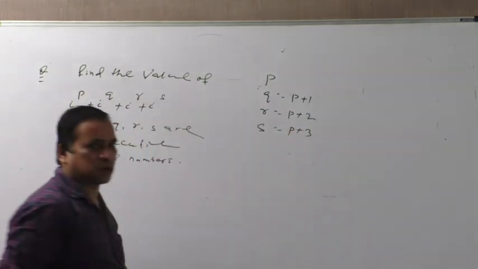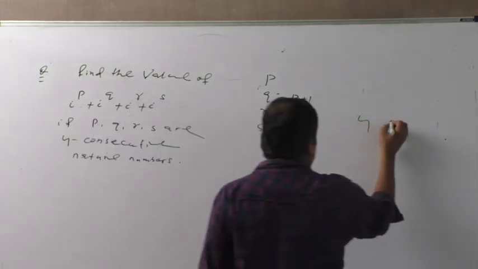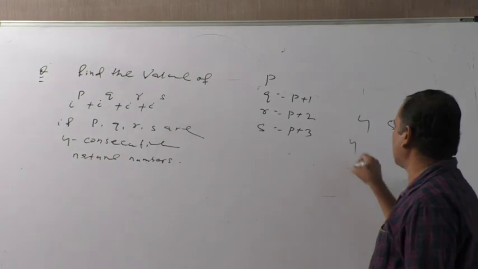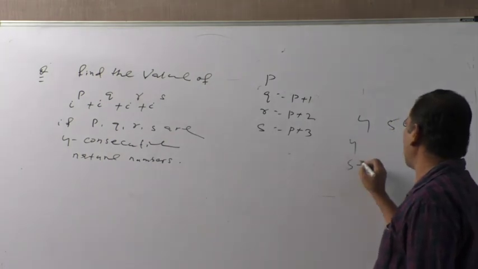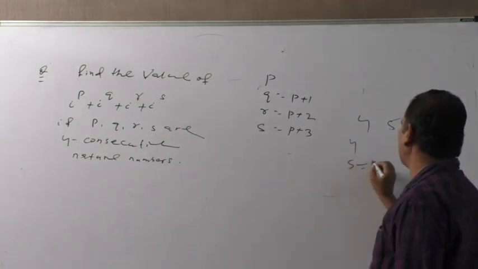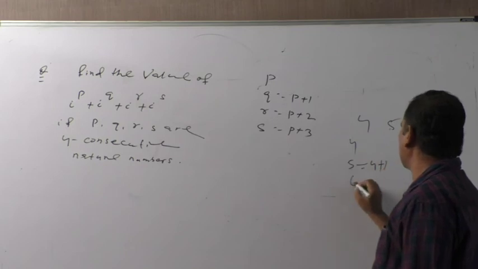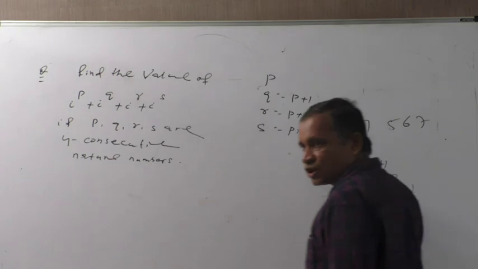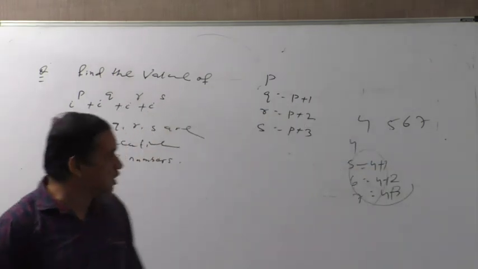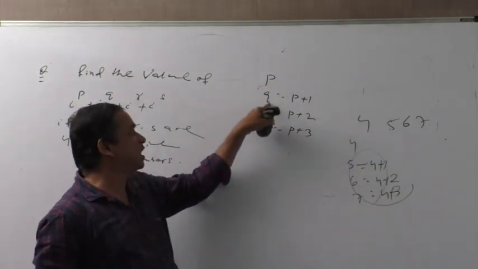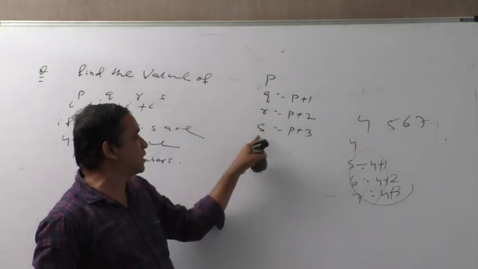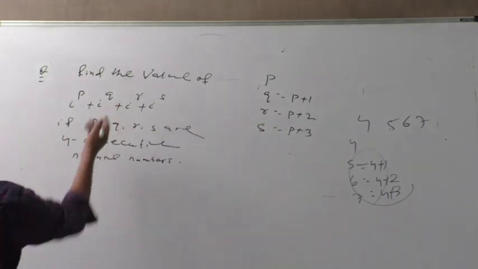Suppose I write 4, 5, 6, 7: 5 is 4 plus 1, 6 is 4 plus 2, and 7 is 4 plus 3. So these are consecutive natural numbers. So the first is P, then Q is P plus 1, R is P plus 2, S is P plus 3.